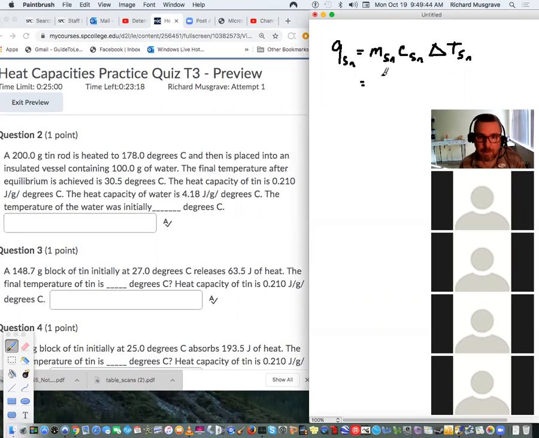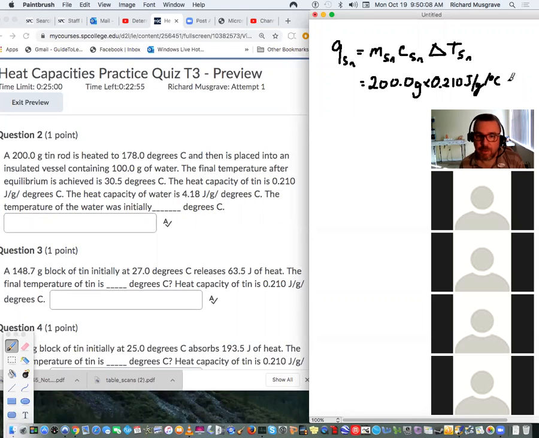Now the mass of the tin, we're told, is 200.0 grams. The heat capacity, we're told that down here, is 0.210 joules per gram per degree Celsius. You'll notice that I use units here.